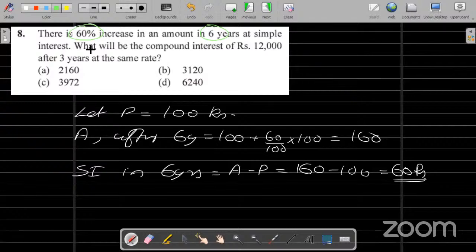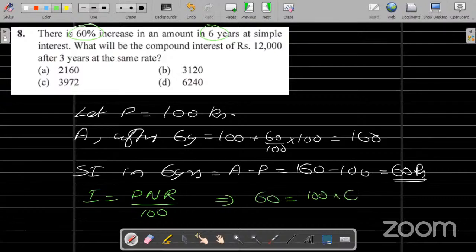Those who don't know the concept can solve the question like this. So the simple interest in 6 years is 60 rupees. Now I can apply the formula I equals PNR by 100. You might have seen PTR by 100 also. N means time period. Here I is 60, the principal amount is 100, the number of years is 6, and R has to be calculated, divided by 100. 100 and 100 cancel.